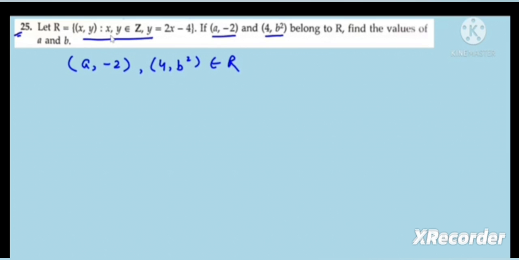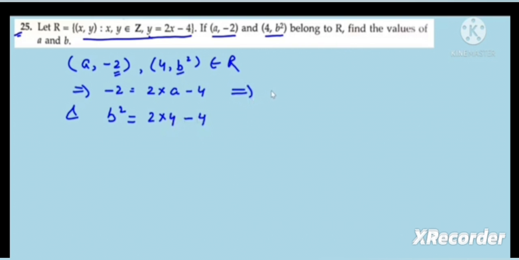So check the relation that (a, minus 2) satisfies the relation, as well as (b, b square) also satisfies the relation y is equal to 2x minus 4. As we have described, from the first element, minus 2 is equal to 2a minus 4, and from the second one, b square is equal to 2 into 4 minus 4.